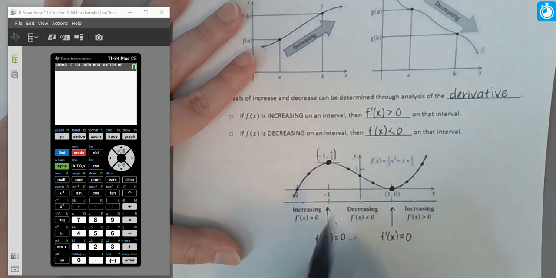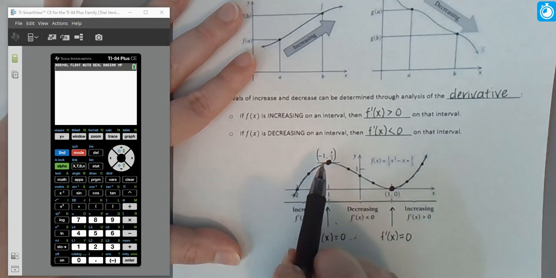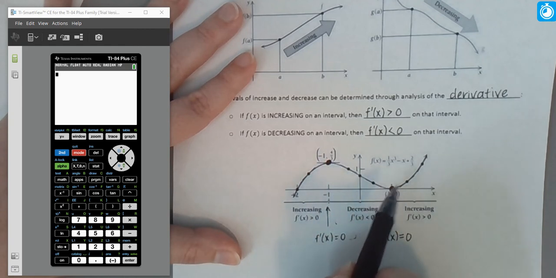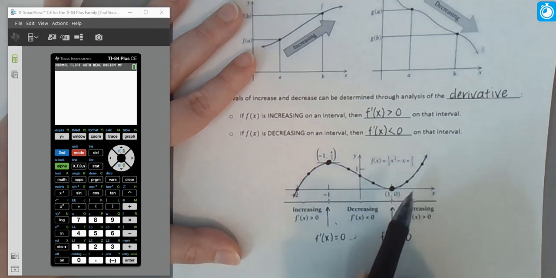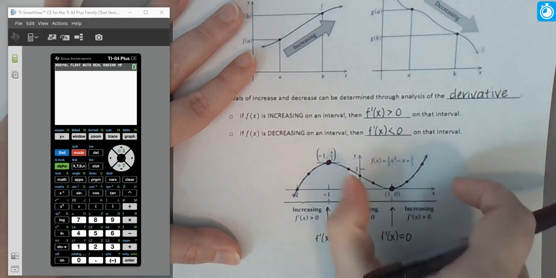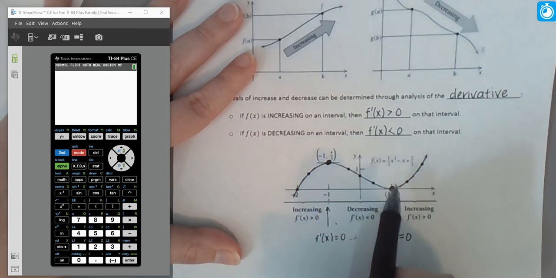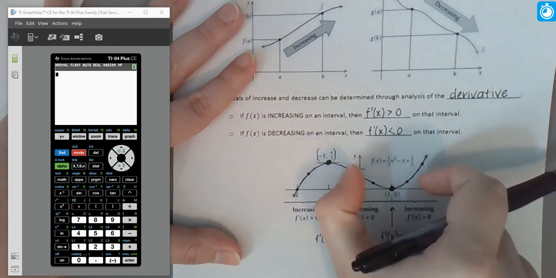Now, as we transition, again, we were decreasing and then we transitioned again there at that location where we had another horizontal tangent line. So there at x equals 1. Well, because around this point, this is the lowest value, we go from decreasing down to this point, and then we transition to increasing again.